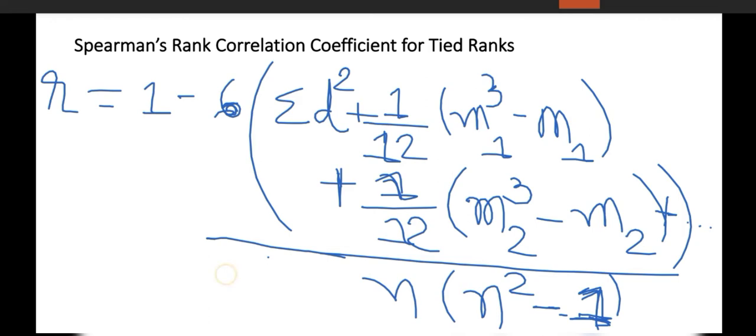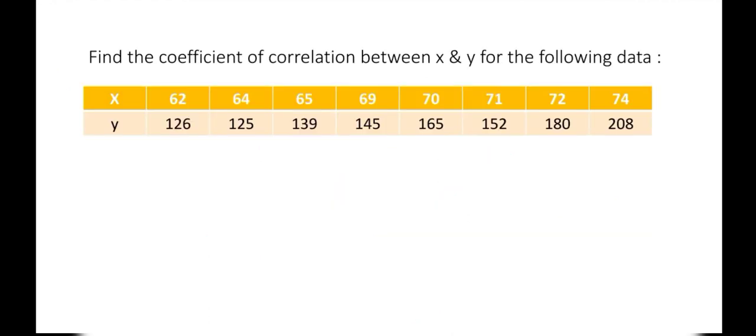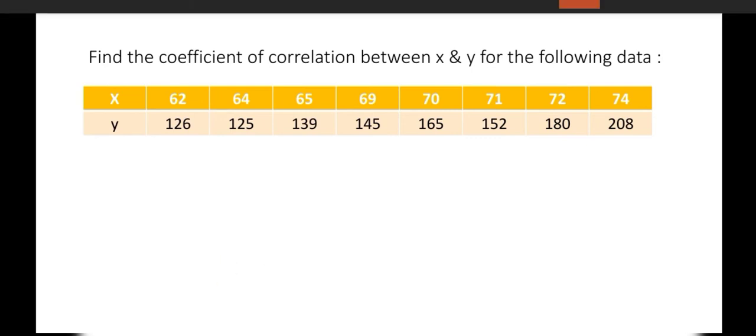Now let's solve a few examples. Find the coefficient of correlation between x and y for the following data. Here the values of x and y are given to us. As we can see, there are 8 values, which means n will be equal to 8.